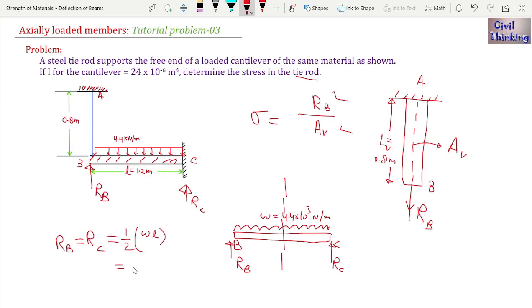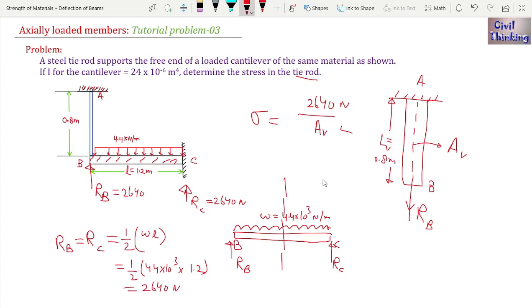So reaction is one half of 4.4 multiplied by 10 power 3 multiplied by L, L is 1.2. How much is it? It is 2640 Newton. So I found reaction at B is 2640 Newton, and this is also 2640 Newton. So we found one variable here.